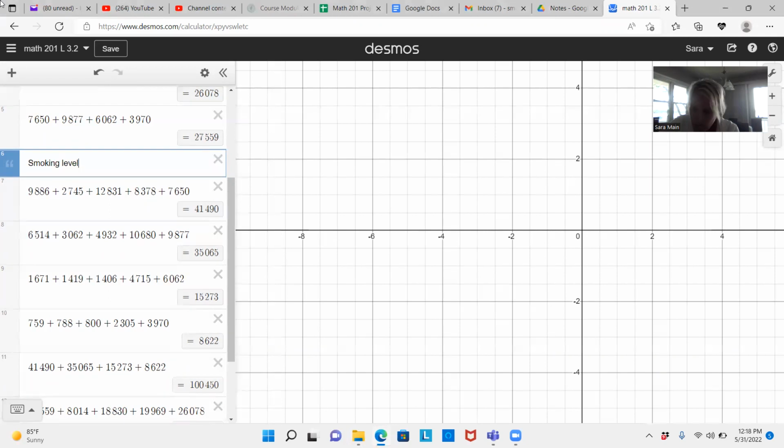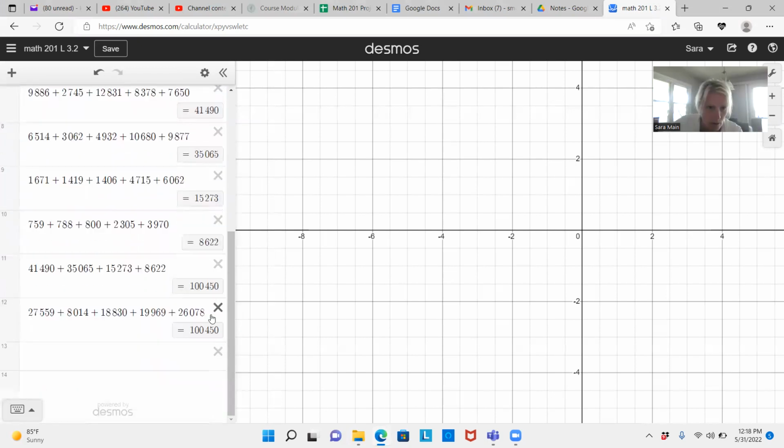And then go ahead and fill these in. It would be good to take a minute and to do them on your own to verify. So then I added all of the column totals and the row totals, and I verified that altogether there were 100,450 people that responded to the survey.